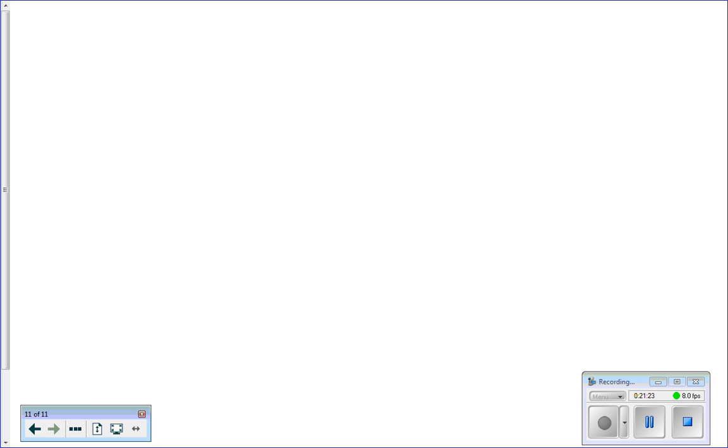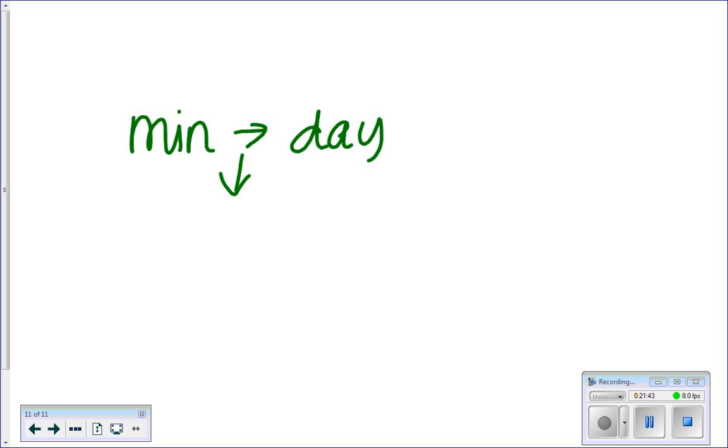In Brazil, about 20 acres of rainforest are destroyed each minute. At this rate, how much rainforest is destroyed per day? Okay, so first we're going to go from minutes to days. What is something we're probably missing in between there?